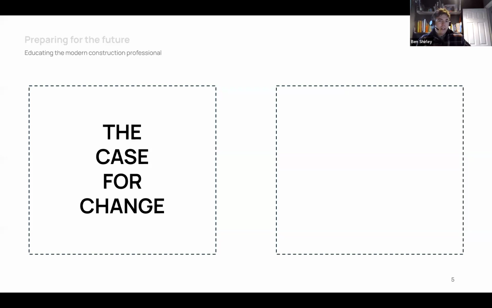So there is a case for change. As we know, there's an increased housing demand. England alone, I think, needs circa 340,000 houses a year to keep up with demand, and doing it in more traditional ways may not be the most sensible approach. So building a curriculum that can upskill people in more modern methods of construction is fairly vital.